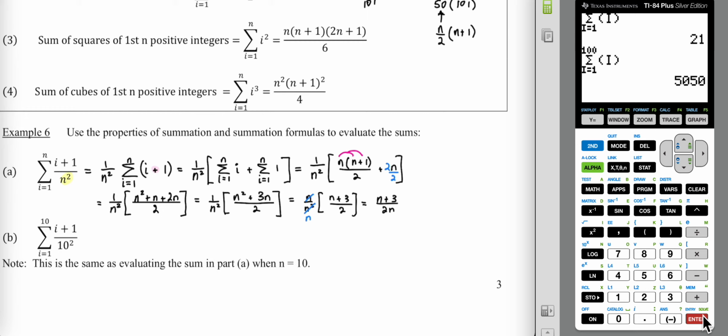What that would be telling us is instead of n plus 3 over 2n, how about 10 plus 3 over 2 times 10. So 13 over 20.